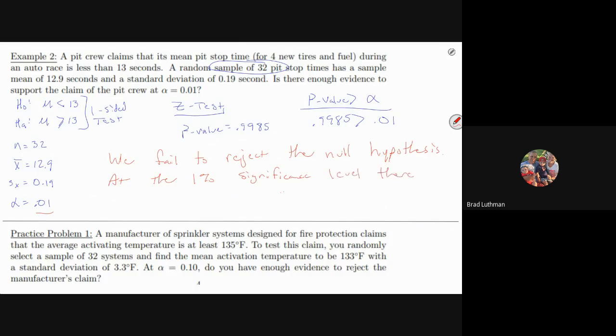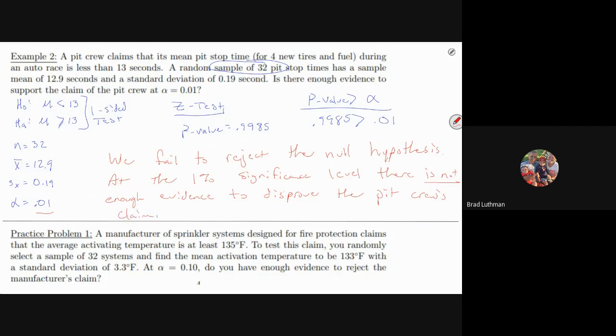There is not. It's important when I read through these that your "is not" matches "fail", and "is" matches "reject", right? There is not enough evidence to disprove the pit crew's claim.